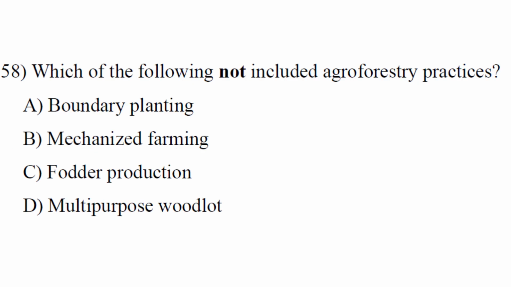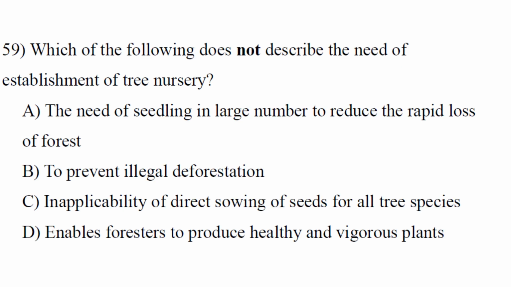Which of the following is not included in agroforestry practices? A. Boundary planting. B. Mechanized farming. C. Fodder production. D. Multipurpose woodland. Answer: B. Mechanized farming. 59.